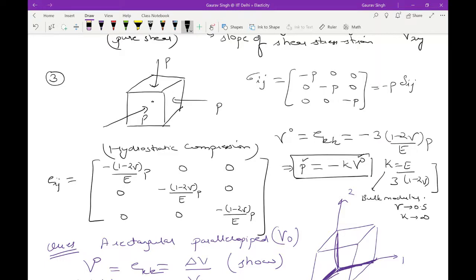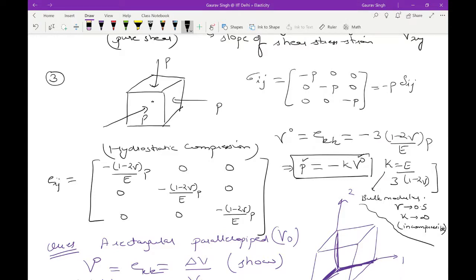If the Poisson's ratio tends to 0.5, the bulk modulus tends to infinity. This physically implies that it is incompressible, meaning for kappa tending to infinity, this dilatation has to be very small, so small that it is actually incompressible. So this is the physical meaning of this statement.